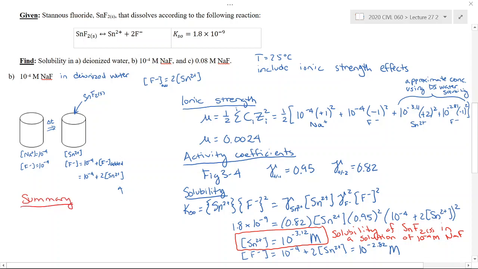In DI water, solubility was 10 to the minus 3.11, and then in this 10 to the minus 4 moles per liter sodium fluoride, solubility is 10 to the minus 3.12.